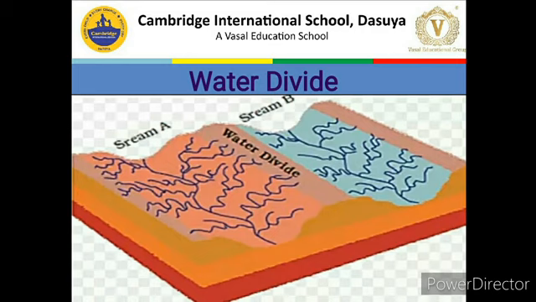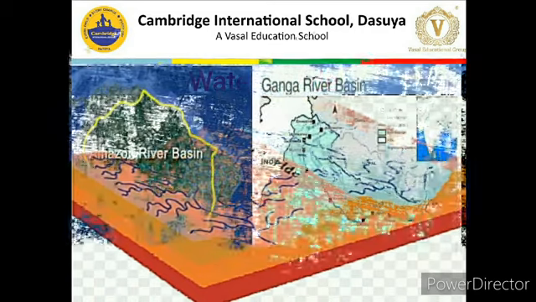Basically, that which divides the streams or rivers into parts is called water divide, or even watershed. In short, the meaning of water divide becomes any elevated area such as a mountain or an upland that separates two drainage basins. Such an upland is known as a water divide.